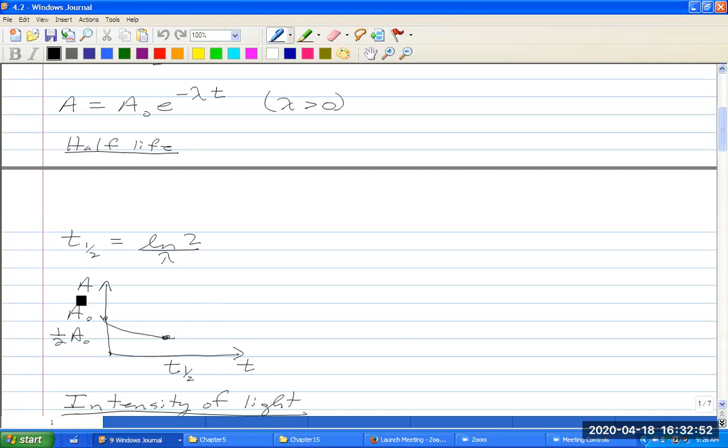So let's suppose that you start out with A_0, then t_1/2 is the amount of time it takes for the amount to decay to 1/2 A_0. In general, the half-life is just equal to ln2 over λ. And most people have heard of half-life, especially when related to radioactive decay.